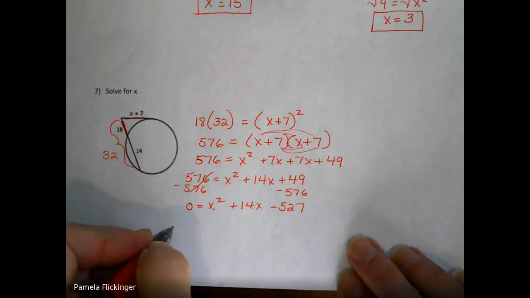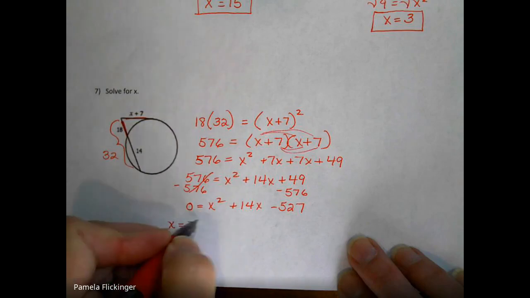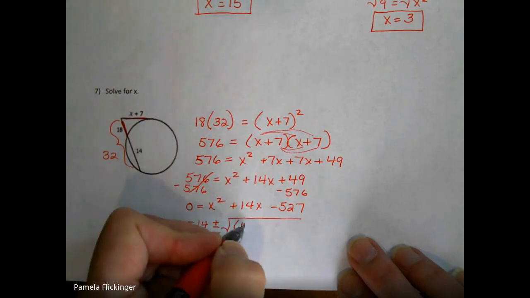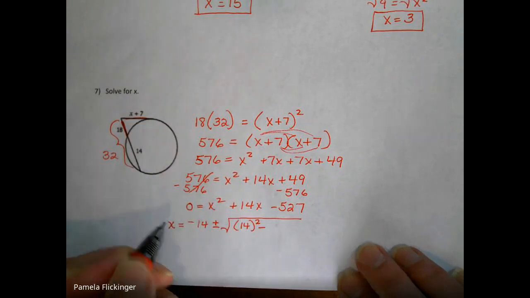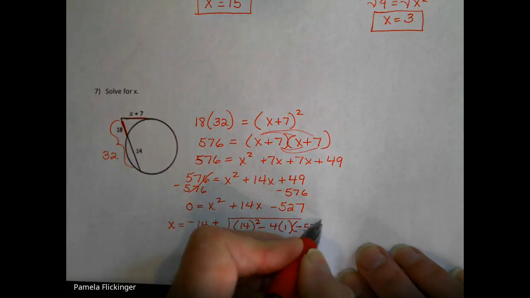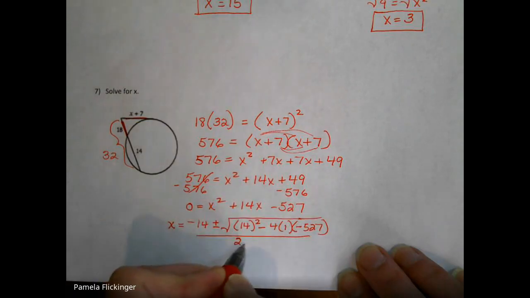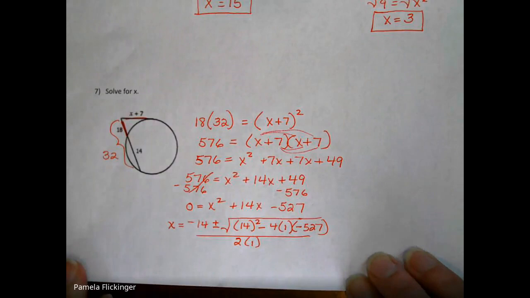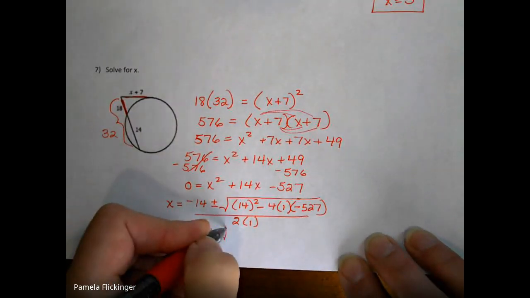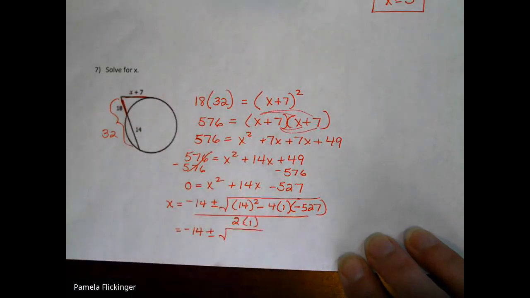So I would do x equals the opposite of b plus or minus the square root of b squared minus 4 times a times c, all over 2a, so 2 times 1. And then what this would give me is negative 14 plus or minus, and then type in everything underneath there. So 14 squared minus 4 times 1 times negative 527.